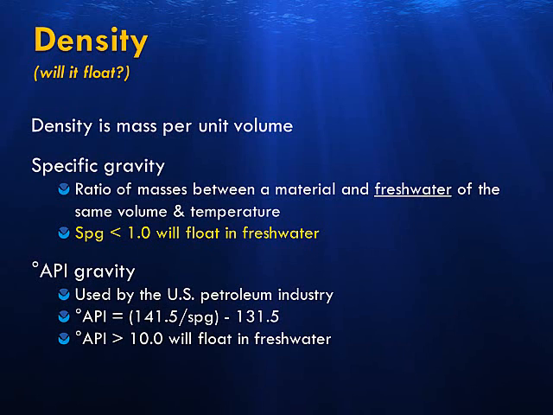So anything that is less than 1 specific gravity is going to float. When you get to API gravities, it's anything above 10 will float. So it takes a little while to get used to that difference, but recognize that there's a difference in how specific gravity expresses density and API gravity expresses density. Does that make sense? We need to know what API is.